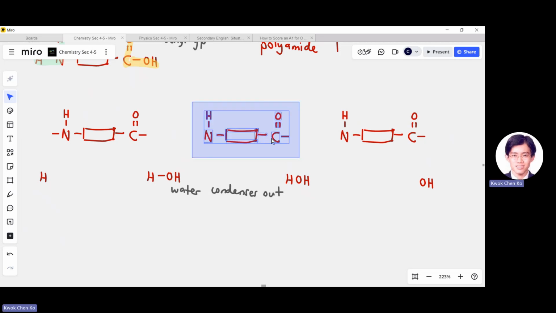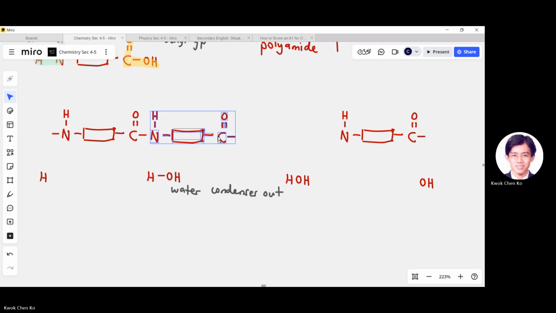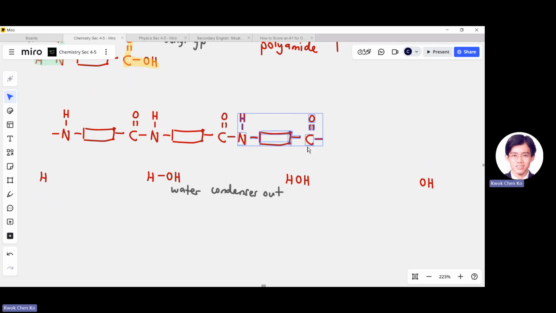Join the fragments together. Same thing, I want each of you to draw out the repeating unit and the polymer. How do they look like? Ethan, done already? Come.